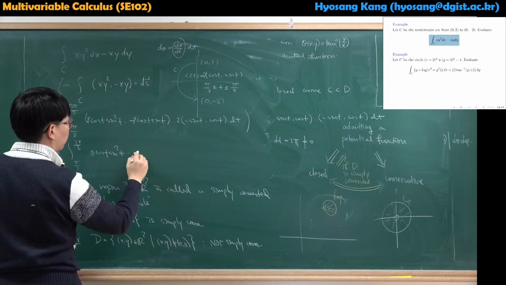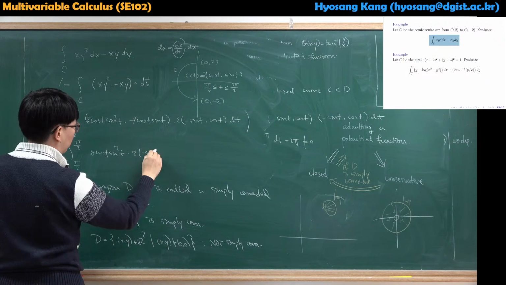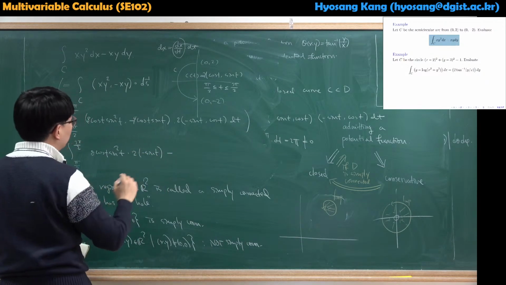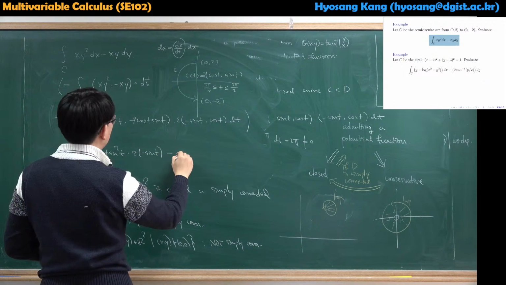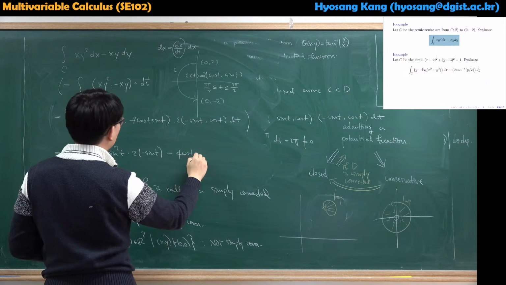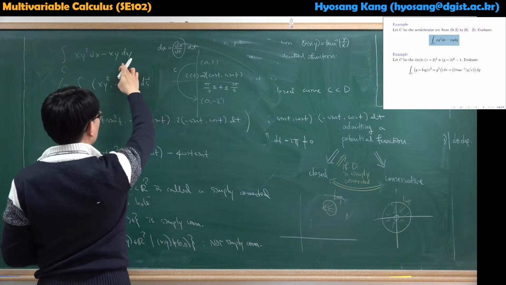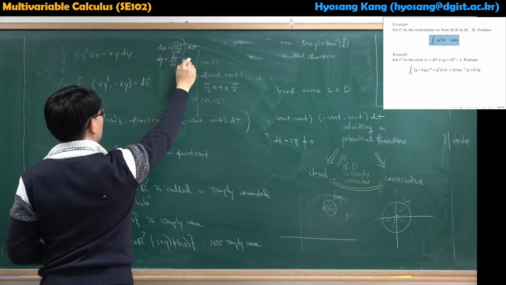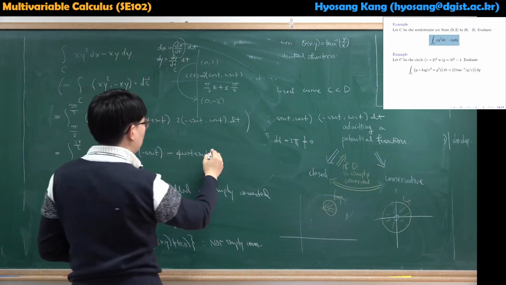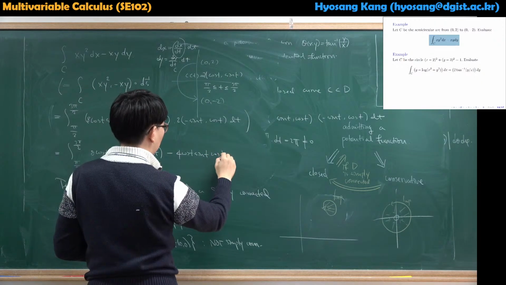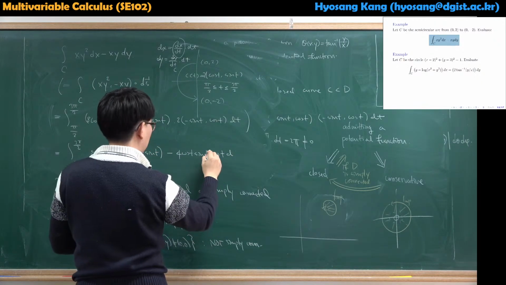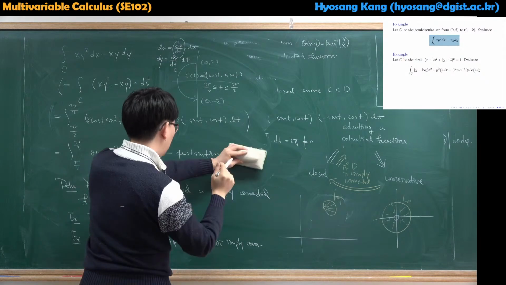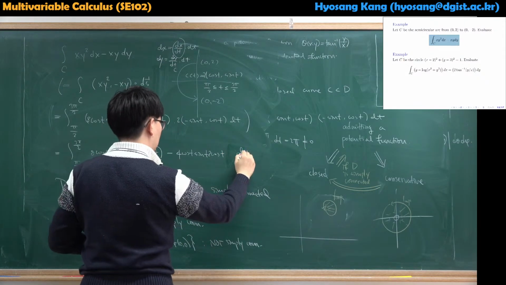So it's 2 times minus sine t, and then minus 4 cosine t sine t, and then dy/dt times dt is dy. So this is 2 times cosine t, and then dt at the end.